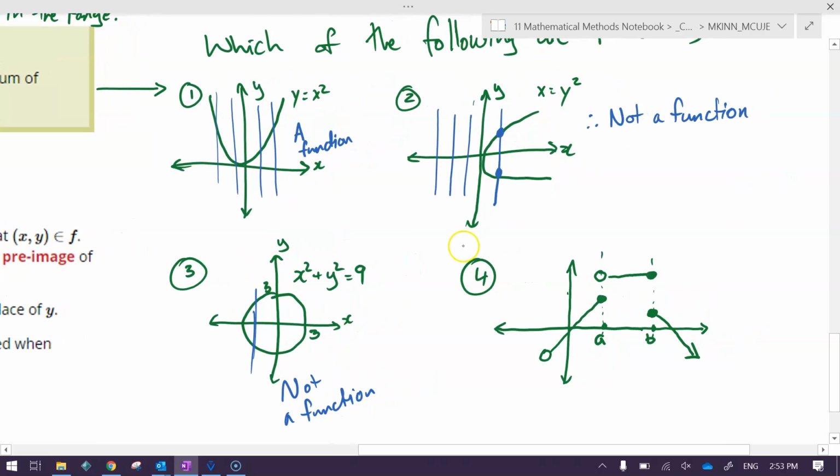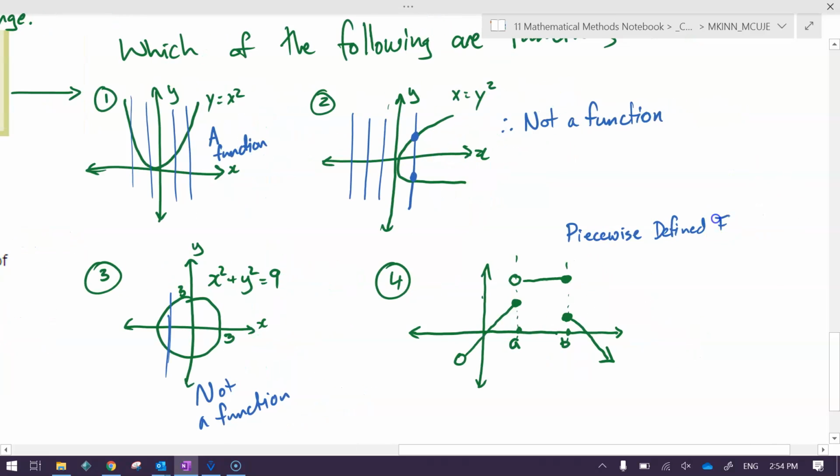Here I have, do you remember what this sort of function is called? Piecewise. Piecewise defined function. Piecewise defined functions turn up in things like car parks. If you stay for 0 to 2 hours, it might be free, so the cost is 0. Then between 2 and 3 hours, it might be $8, and then 3 to 4 hours, it might be $12.